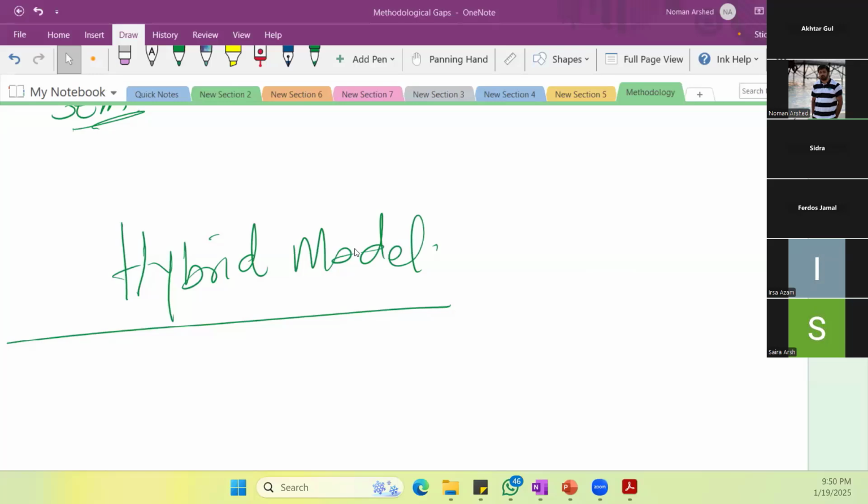Okay, I will explain it. The standard way of doing research is that you go through the literature in detail, find the problem statement, make your objectives and questions, and then find the data and the methodology.